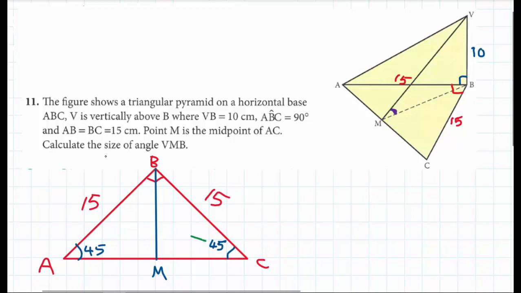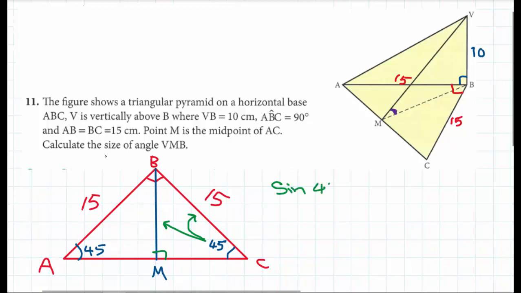According to this angle 45, the side MB is opposite, and this 15 is the longest side in triangle BMC because it's opposite the right angle, it's the hypotenuse. What should be used? Sine. Sine covers opposite and hypotenuse.